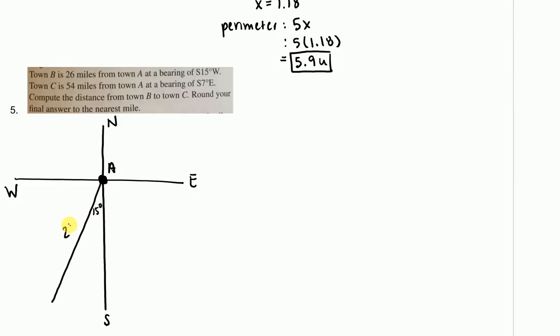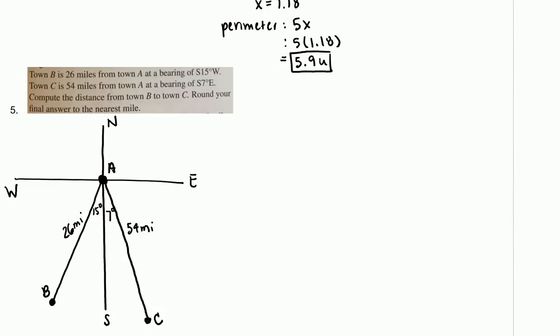And that's a 26-mile distance to town B. Town C is 54 miles from town A at a bearing of south 7 degrees east. So that would be over here. Here's town C, 7 degrees closer to east from south, and that measurement is 54 miles.